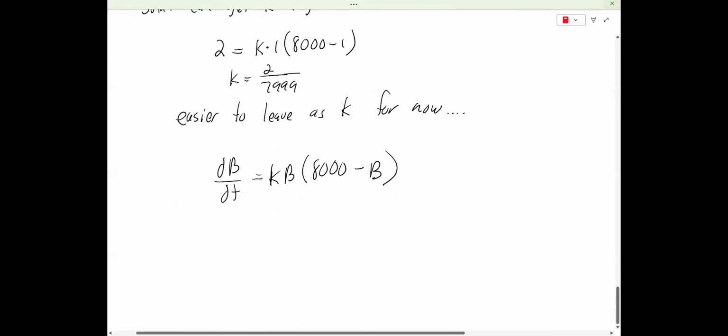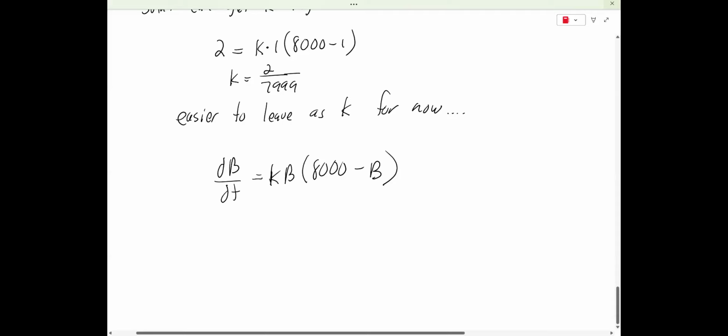Somehow then we got to try to recognize this as one of our things we know how to do. This is actually separable. You could separate it right away. But actually there's a nicer way to do it than use the fact it's separable, because if you separate, you got to use partial fractions and stuff.